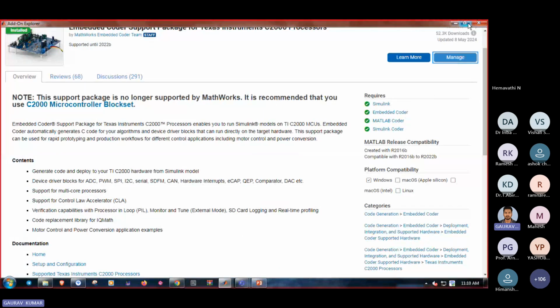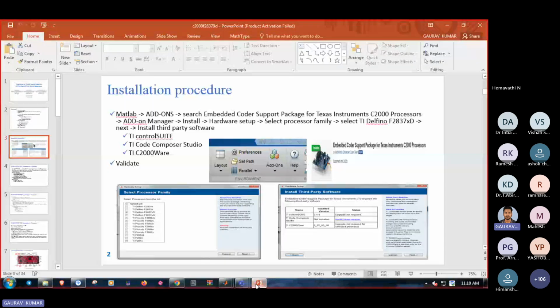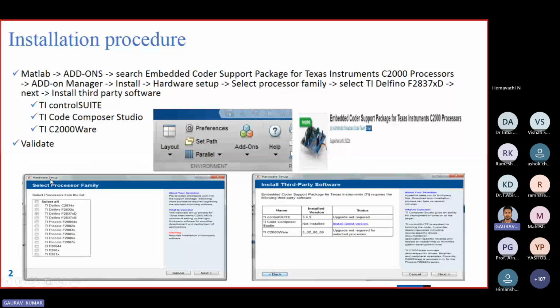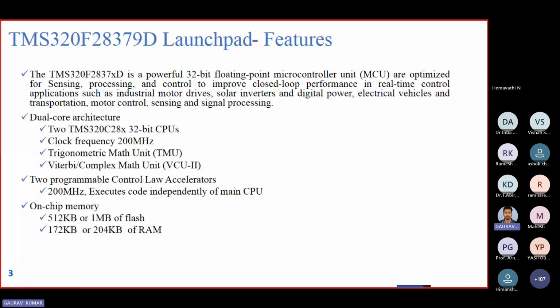The TMS320F28379D Launchpad is basically a 32-bit floating point microcontroller unit. It is used for the sensing and processing of data, and it has two core CPUs, both 32-bit, with a clock frequency of 200 megahertz. That is, it takes 5 nanoseconds to execute a particular instruction. It has a trigonometric mathematic unit, and also a complex mathematic unit.